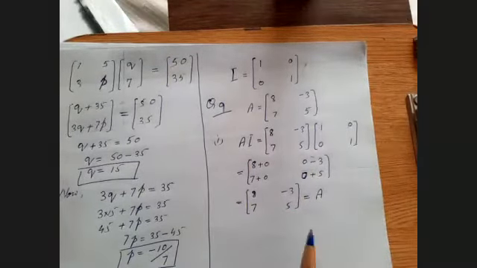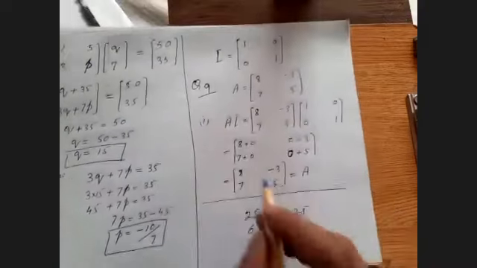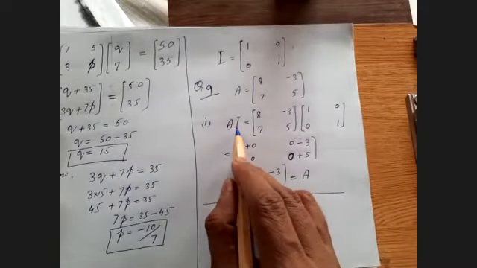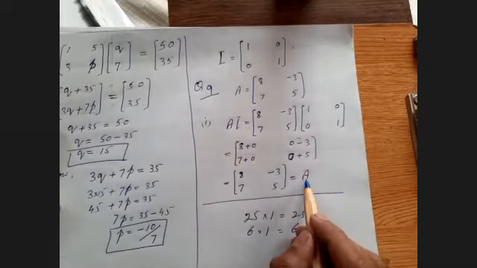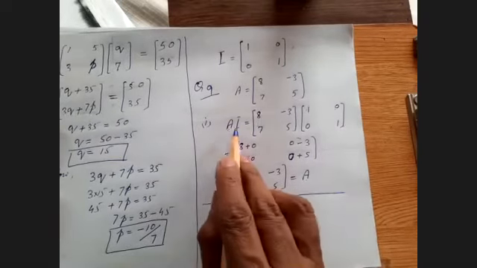So keep this in mind, like if you are multiplying any number with 1, for example, 25 multiplied by 1 gives you 25. 6 multiplied by 1 gives you 6. Here, like this 1 has the property that if you are multiplying any number with 1, the number doesn't change. In the same way, if you are multiplying any matrix with identity matrix, it doesn't change. Okay, this is a into I.